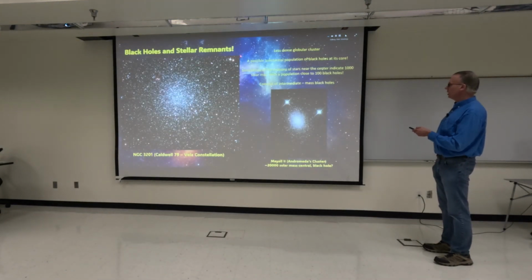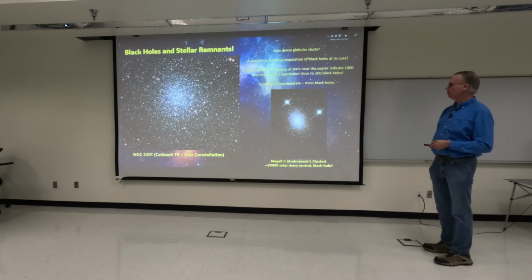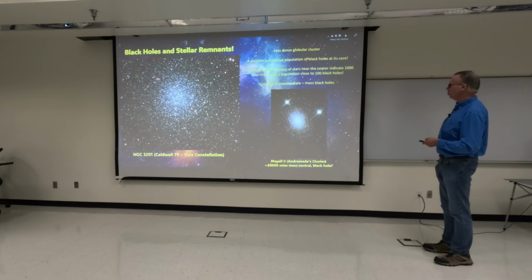Black holes and stellar remnants. Less dense globular clusters can also have substantial populations of black holes at the core. There are some indications, like with Caldwell 79 and also with Mayall 2. Mayall 2 is believed to possibly have a 20,000 solar mass central black hole.